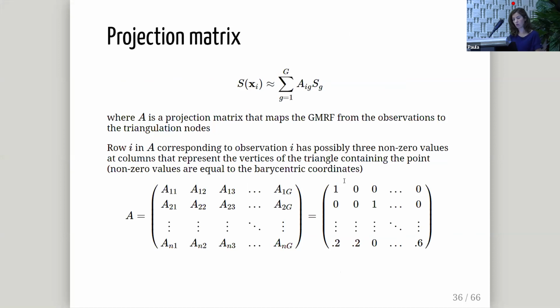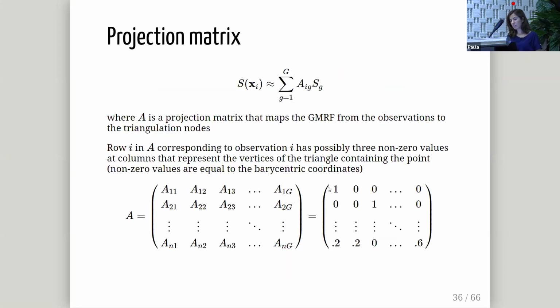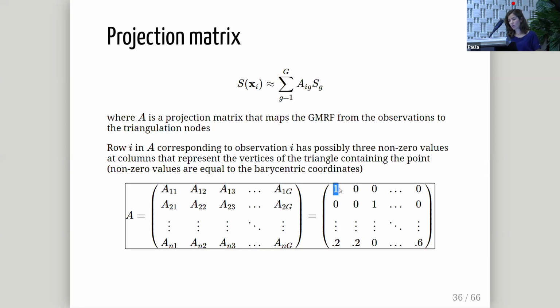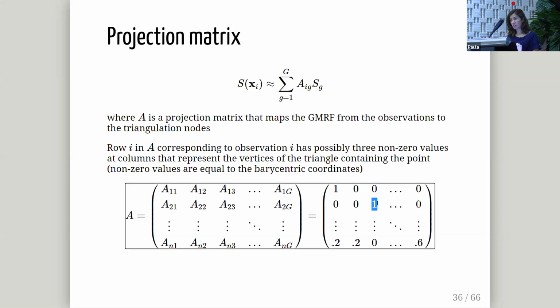point. For example, if we have one observation that coincides with a vertex, and the vertex is vertex 1, we will have 1 here, and the rest of entries will be 0. If we have an observation that is in one vertex in position 3, we will have a 1 here in the third position and the rest 0.